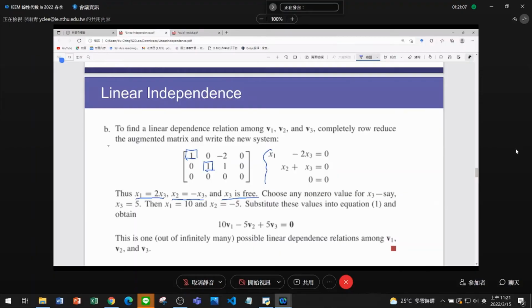So we can choose any non-zero value for x3, and then that would give me a corresponding solution of x1 and x2. As long as I fix the value of x3, basic variables x1 and x2 can have corresponding values.